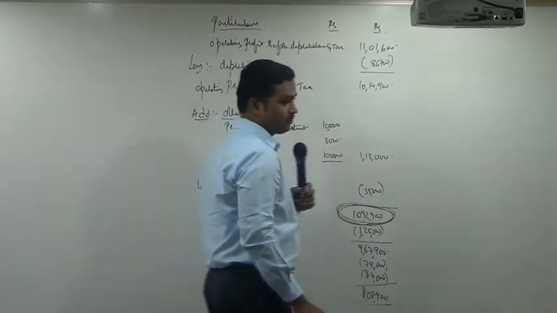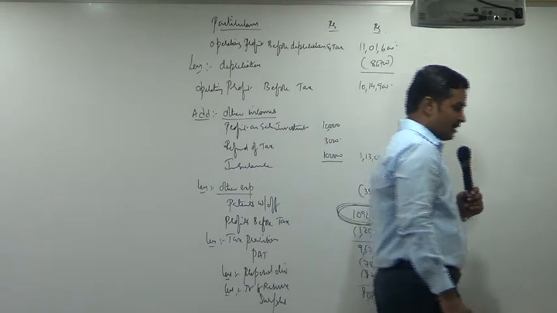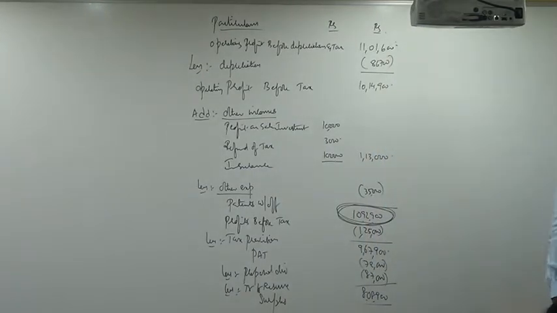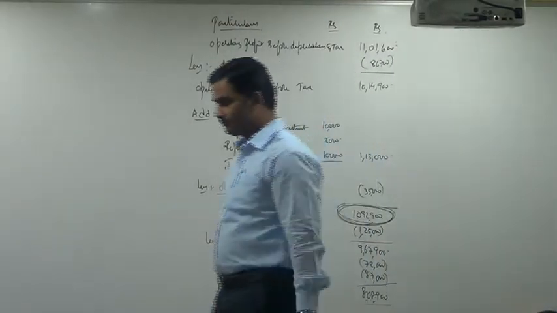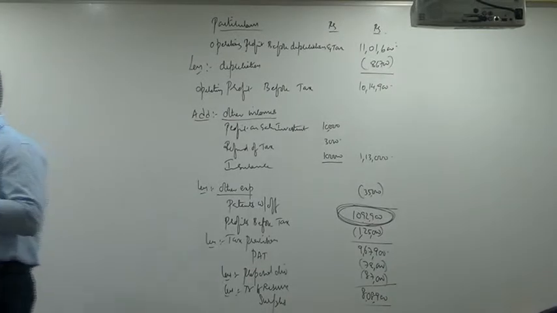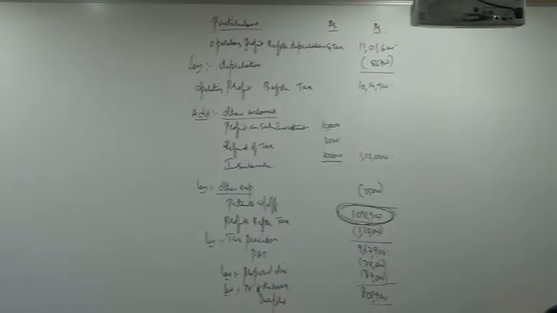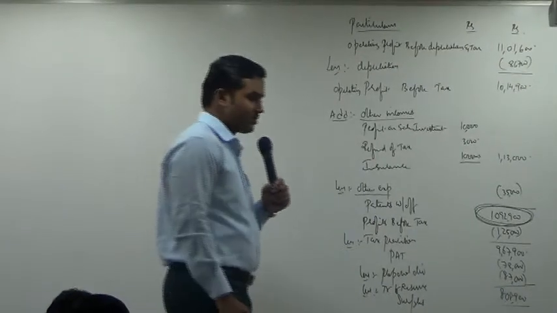You write net profit before tax 10,92,900. Add non-cash, non-operating expenses.